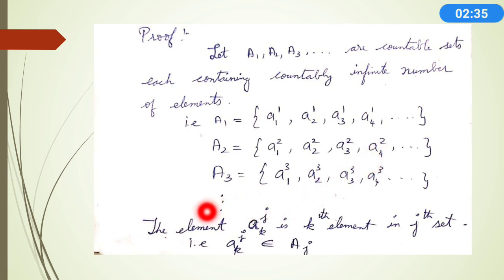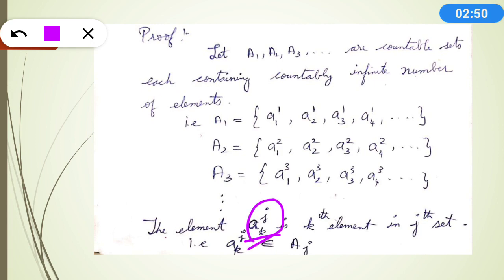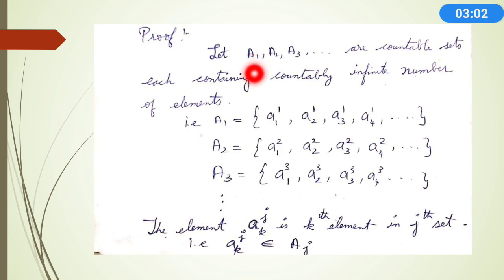So the element a_k^j is the kth element in the jth set, and this element belongs to capital A_j. So to prove the theorem, I am just arranging the elements of the infinite countable sets A1, A2, A3 as these a_k^j.